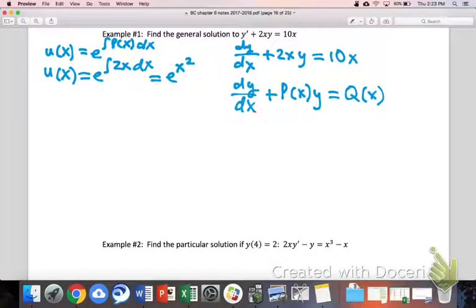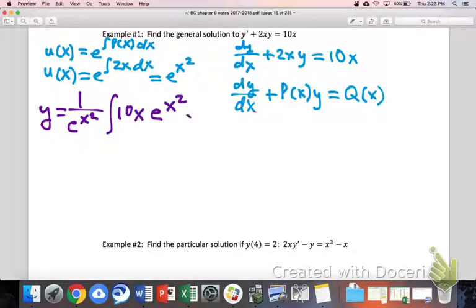So you use the formula right here. You would say y equals 1 over u of x times the integral of q of x times u of x dx.